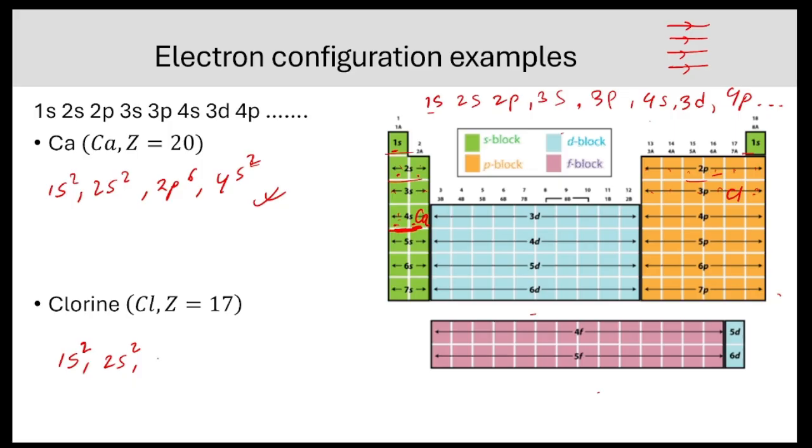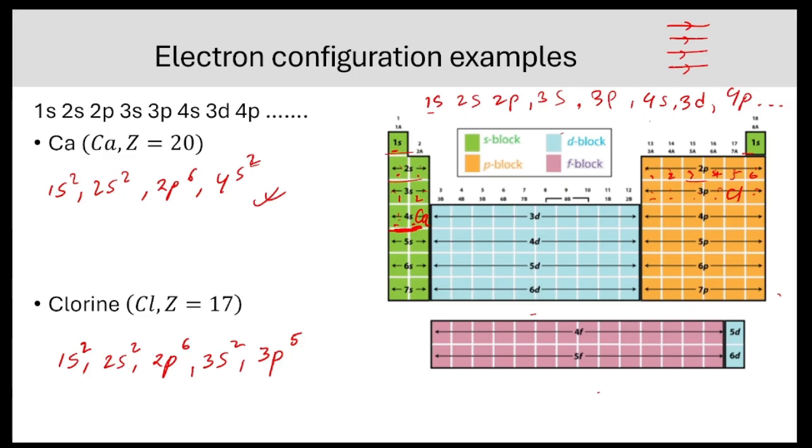Then we have 2p, and if you look at p, 1 2 3 4 5 6, 6, and again it comes back to 3s, 1 2, so 2, and then 3p, and if you go here 1 2 3 4 5 blocks.